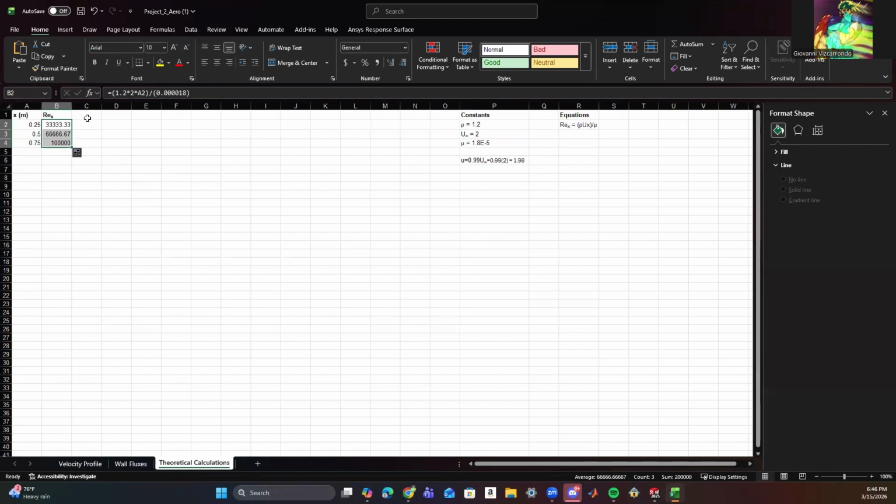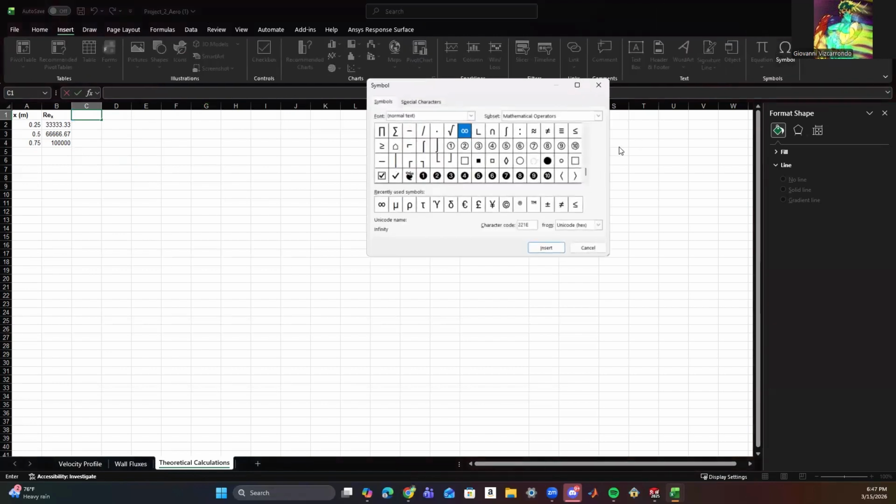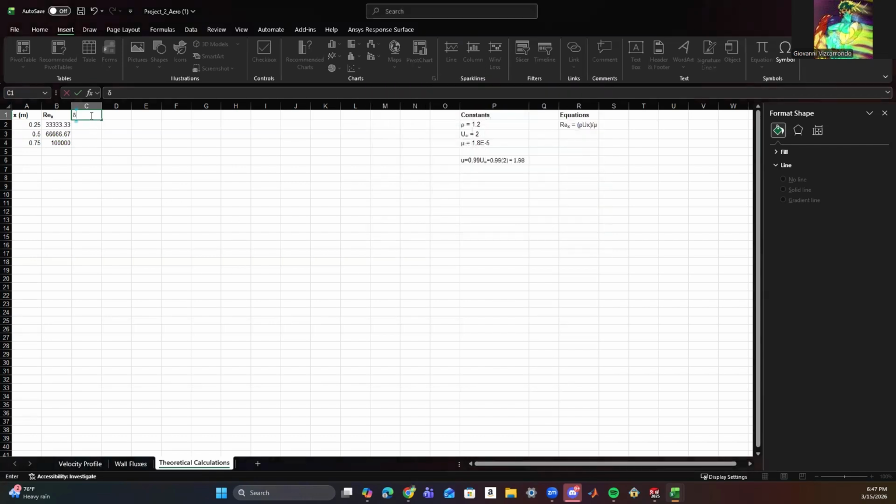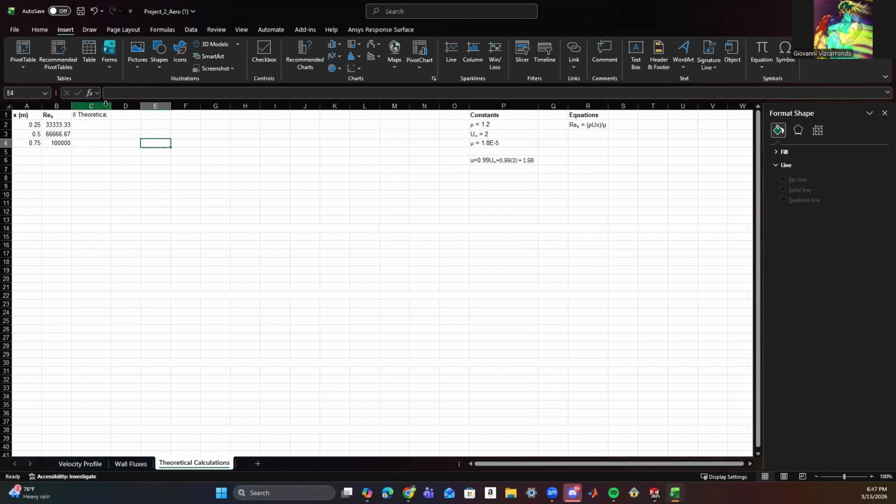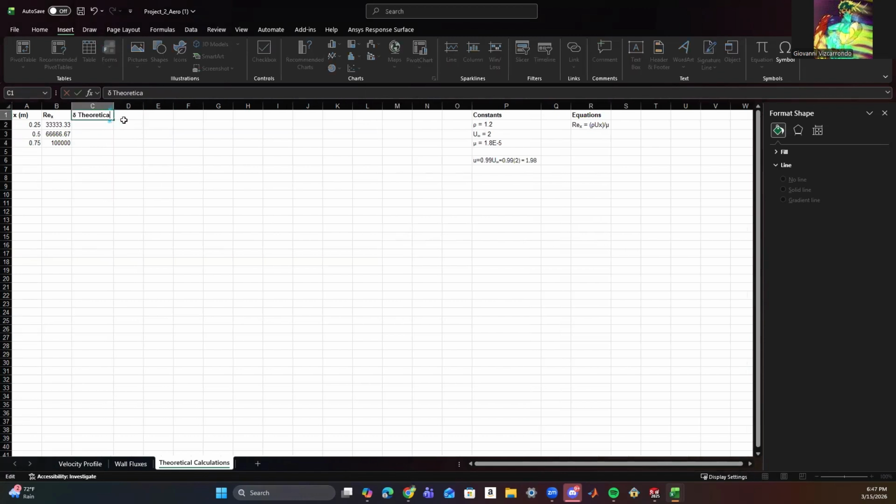Now we're going to calculate the theoretical boundary layer. So we're going to insert the symbol, this, insert theoretical. Okay. So bold this.